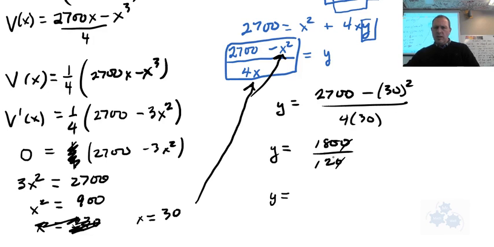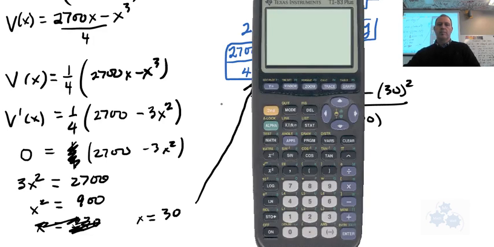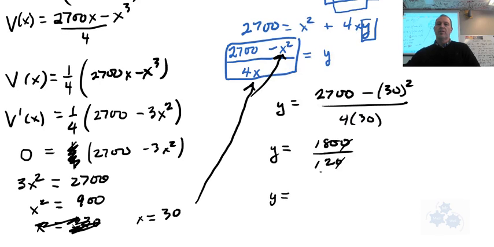What's 180 divided by 12? 15, right. 1.5. Okay, 15. So if we've got x is 30 and y is 15, that's what they're saying will be the values that will give us a maximum volume.